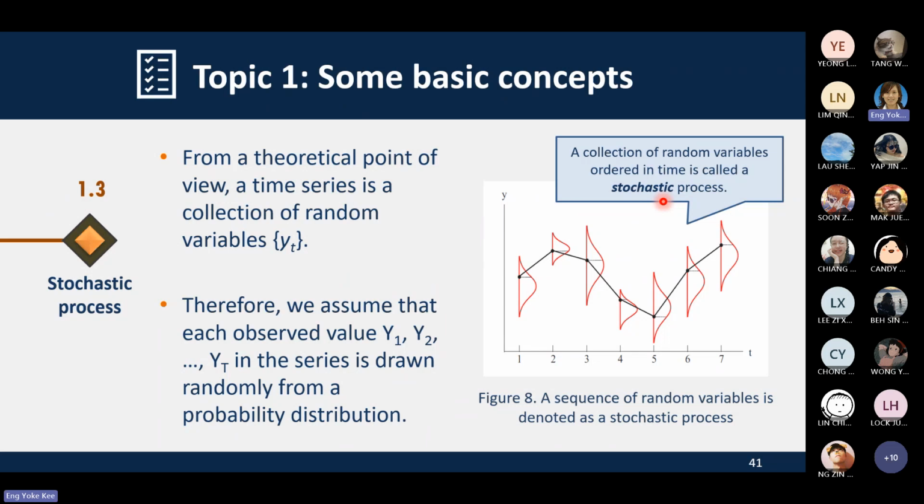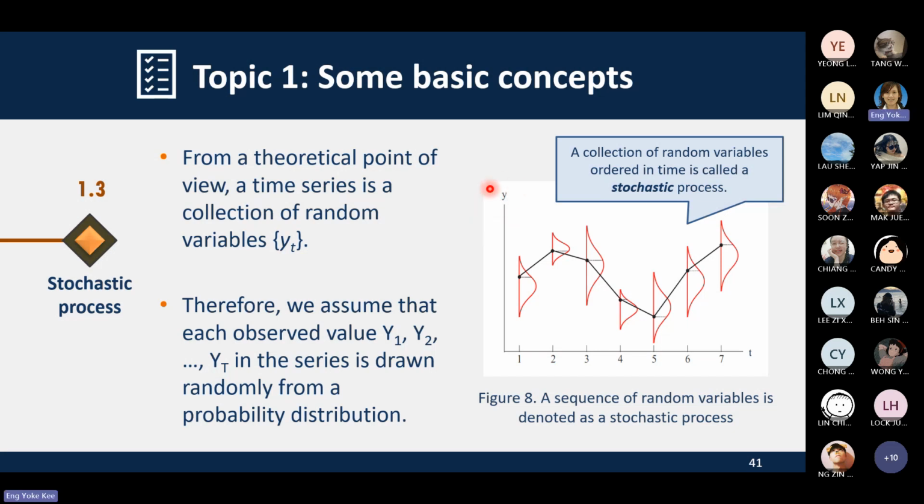Now, from a theoretical point of view, what do we believe in theory? Theory believes that if you have time series data, it is just a collection of random variables. What does it mean? Let's say you have a series, Y, for example. So this is the time series data.